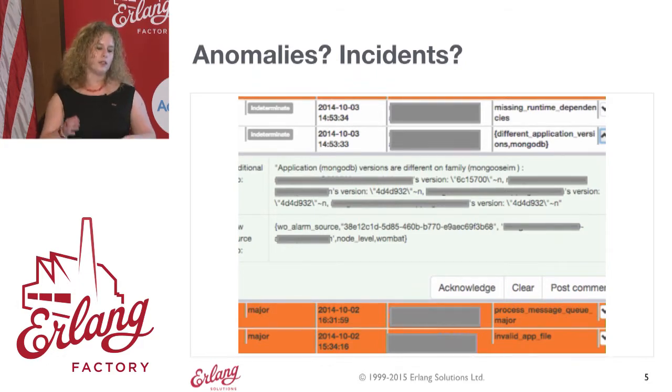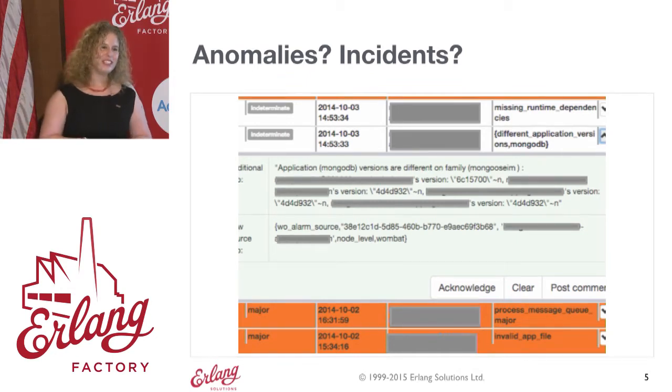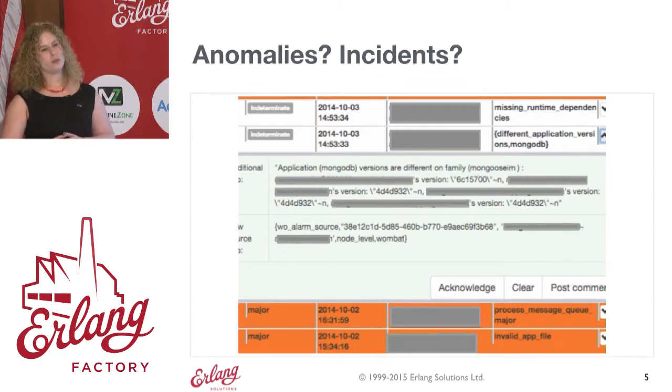Half a year ago, we were on site at a customer, helping them polish their new product just before going live. Wombat was at hand and pointed out some real problems. Here you can see the first problem. Some Erlang nodes belonging to the same Erlang cluster use different versions of the MongoDB application.